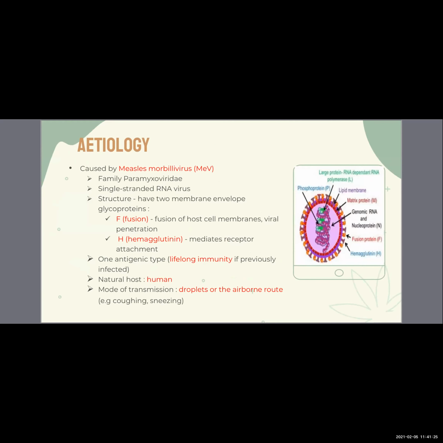Measles is caused by the measles morbillivirus, of the family Paramyxoviridae. It's a single-stranded RNA virus. This measles virus has two important structures involved in pathogenesis, which are two membrane envelope glycoproteins: fusion protein, which mediates viral penetration, and the other one is hemagglutinin, which functions as the receptor attachment.